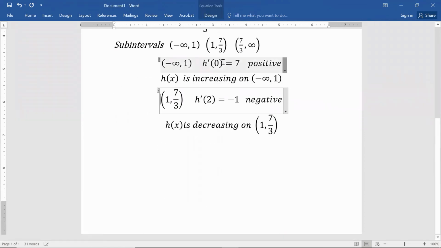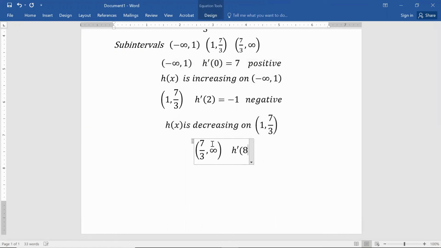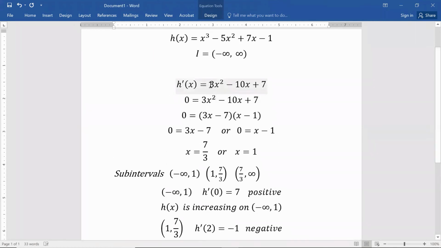My last subinterval is from 7/3 to infinity. Let's plug in some number that's beyond 7/3. I guess we can make this an 8. You can make it whatever you'd like. Any number that's bigger than 2.33 repeating would have worked. When you plug in an 8, remember you're plugging that into the derivative, this 3x squared minus 10x plus 7.